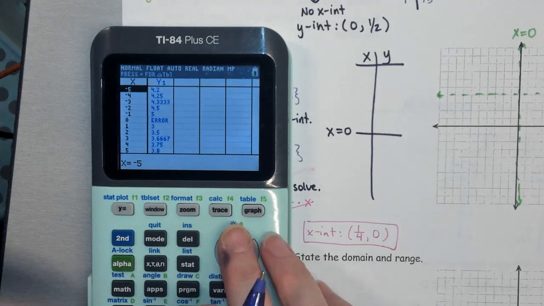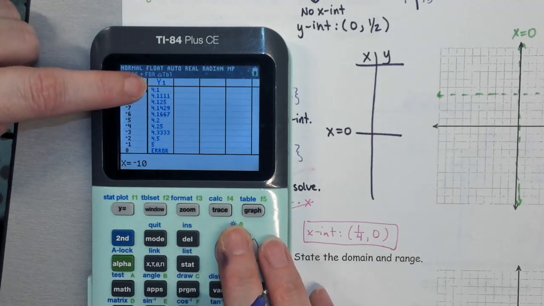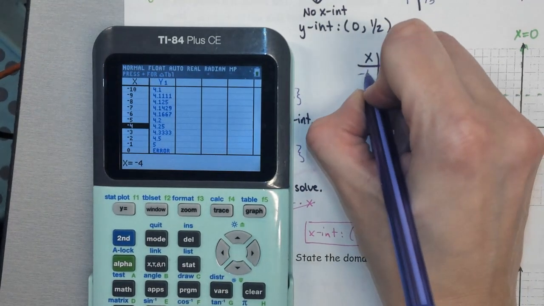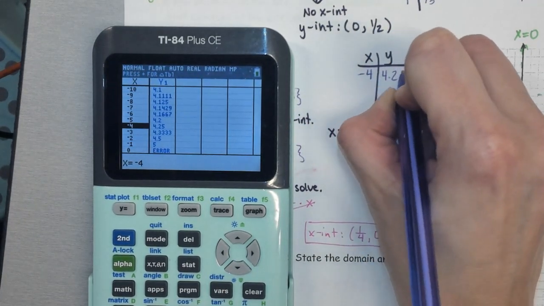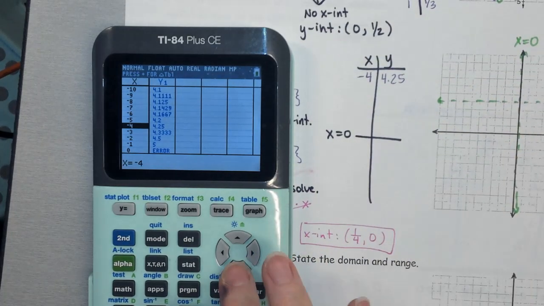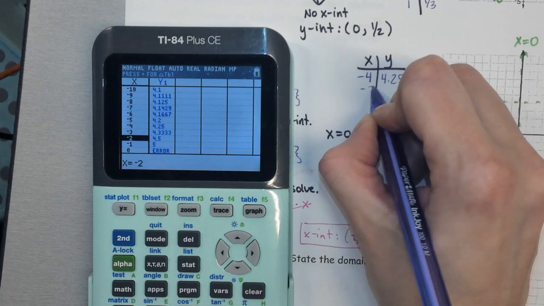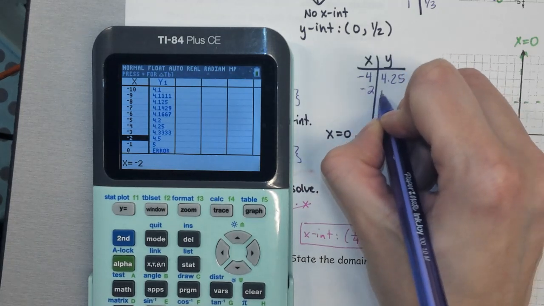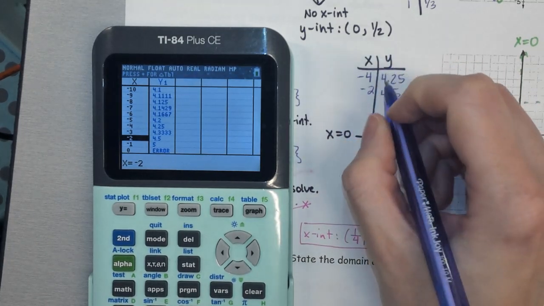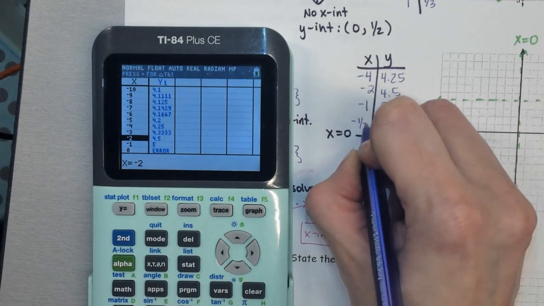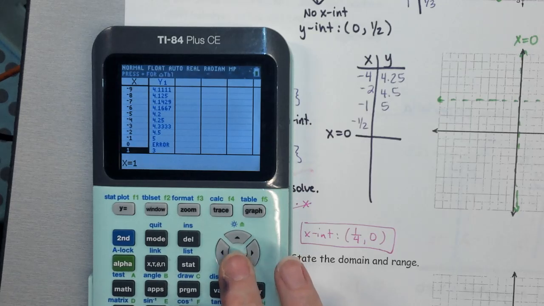Okay, so I notice as I'm getting out here, look how close all of these points are. Because those are all so close, at negative 4, I'm going to do the 4.25. You could do the negative 3. It's easier for me to just graph the 4.25, and then I'll do the negative 2, 4.5, the negative 1, 5, and then I'll find half.